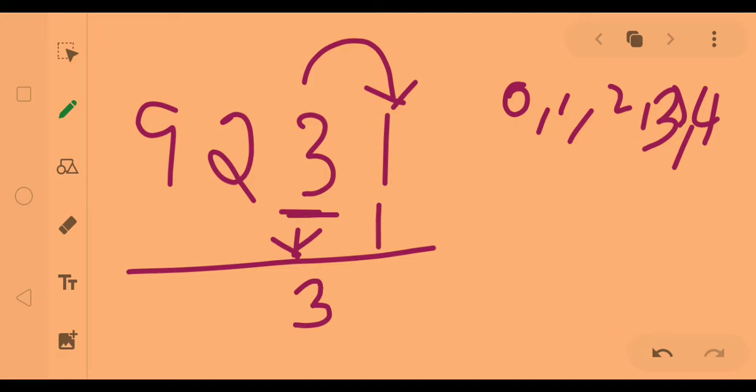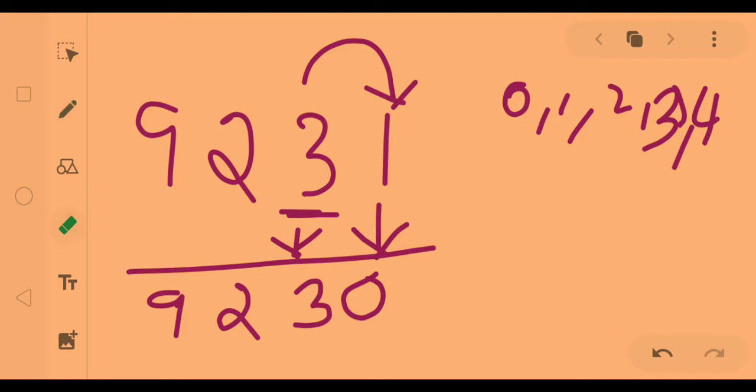The previous place digit, whether we are rounding up or down, will be 0, and the digits before the tens place remain the same. So 9231 is rounded down to 9230.